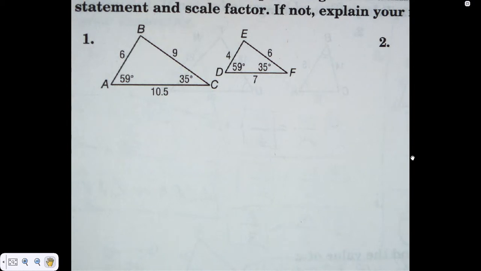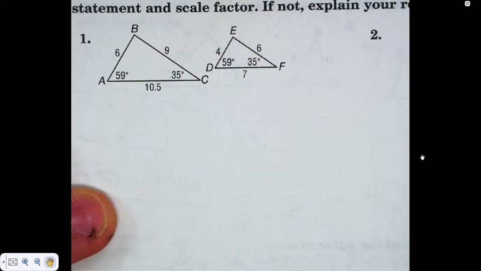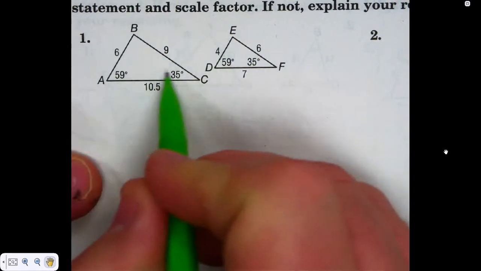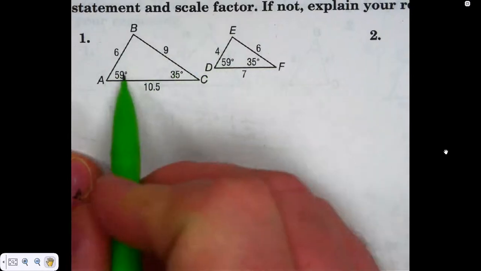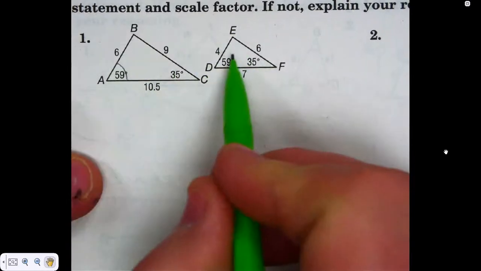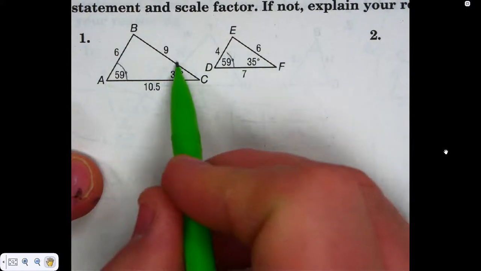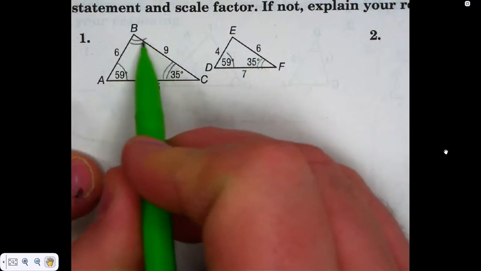Well, first things first. I better see what corresponds to what. Here's one thing to do. This one is congruent to what? The other one that's 59, right? 35 is congruent to 35. This one's congruent to this one.